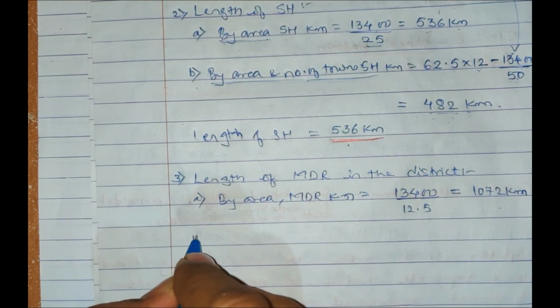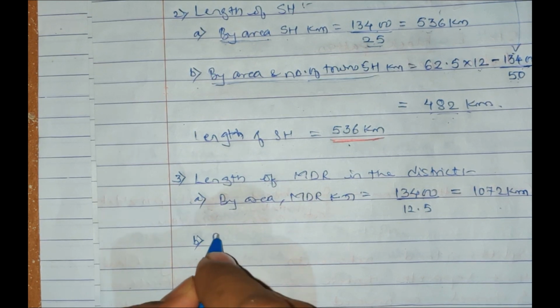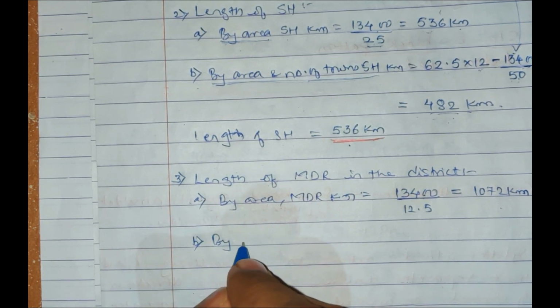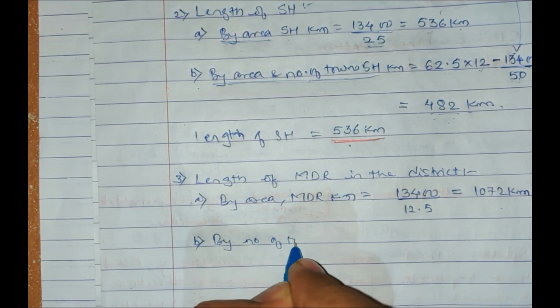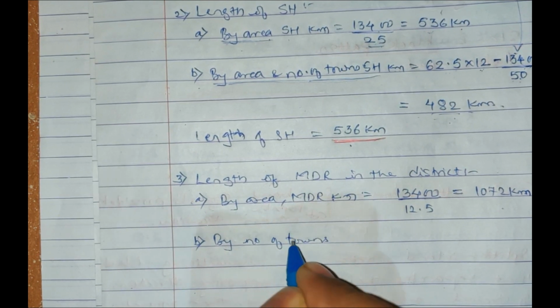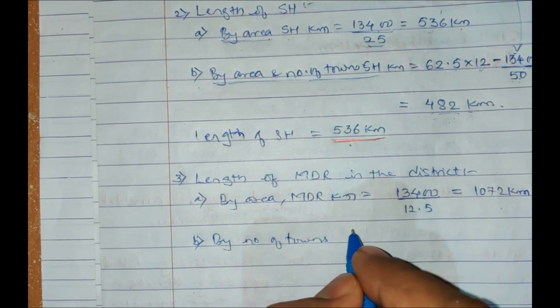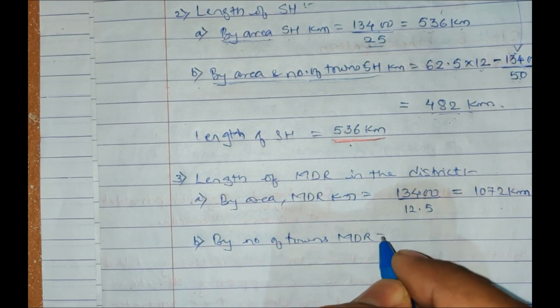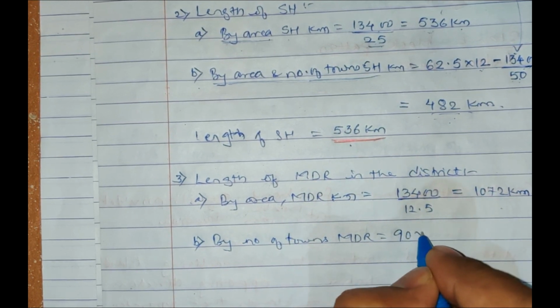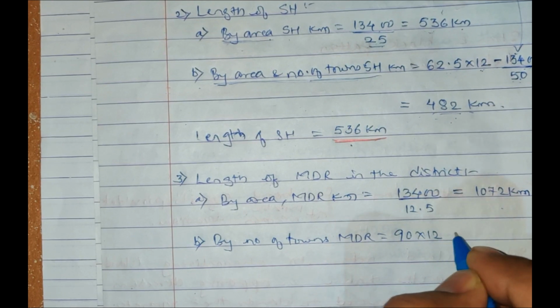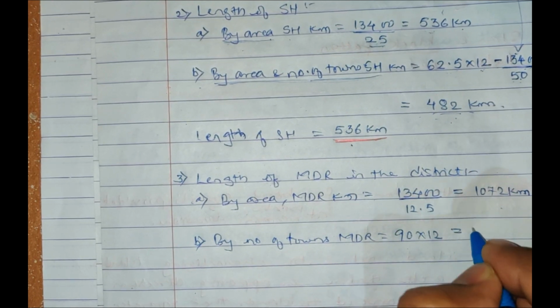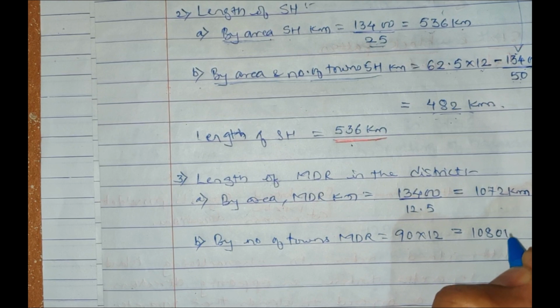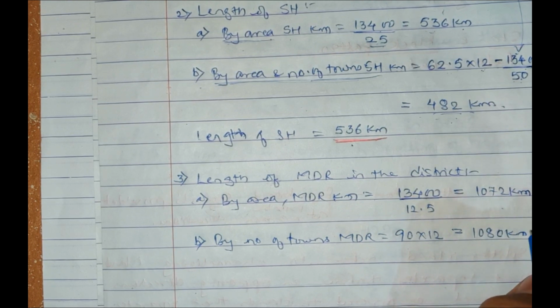And by the second method, that is by the number of towns, here MDR will be equal to 90 into 12, that equals 1080 kilometers.